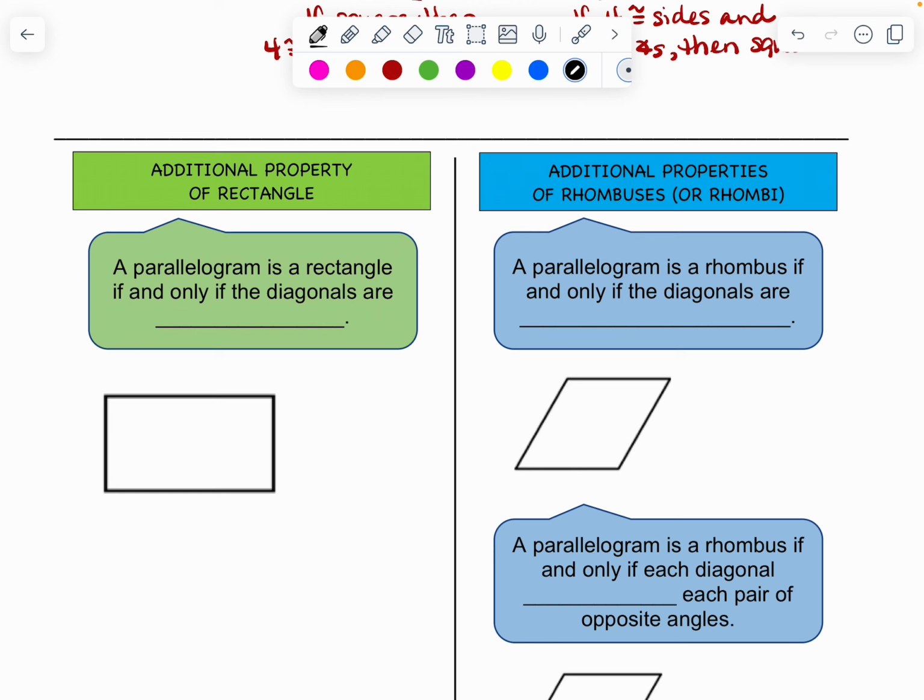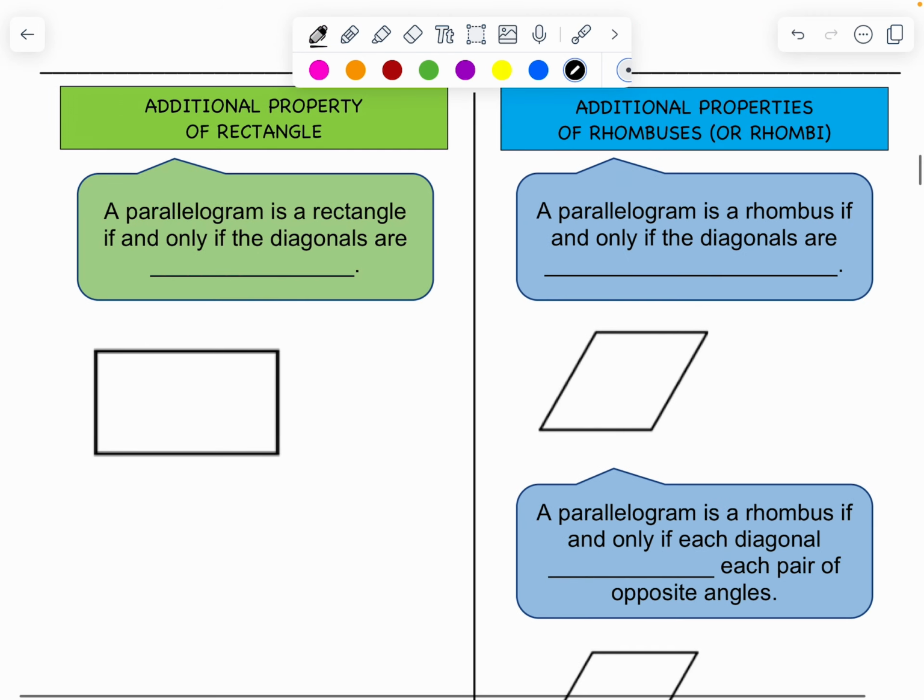So in the green bubble, we have the main property of rectangles, right? And that is a parallelogram is a rectangle if and only if the diagonals are what? Now yesterday, remember, you don't write this down, I'm just going to draw on here.